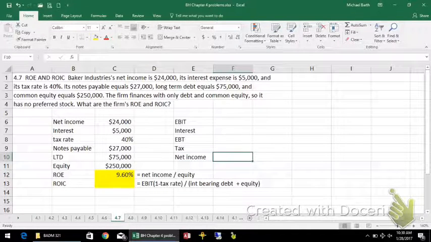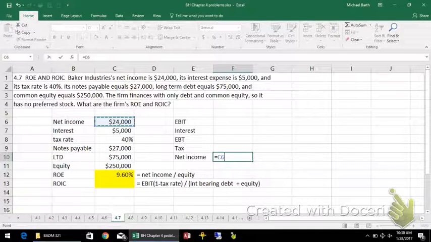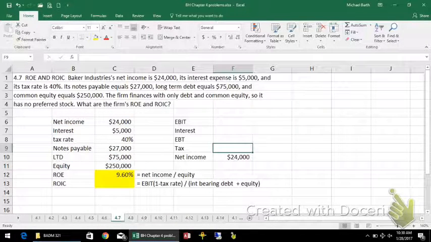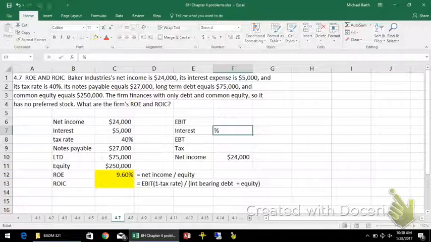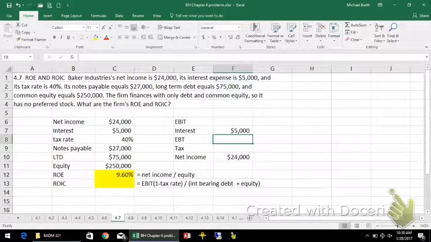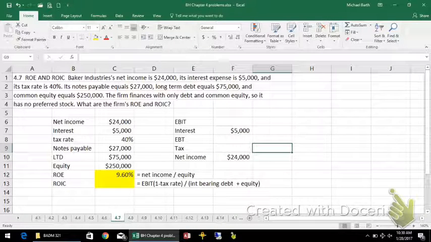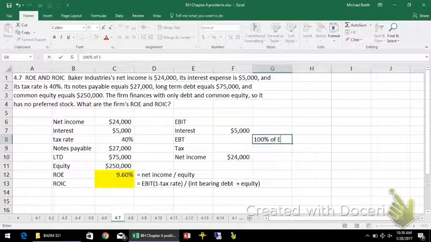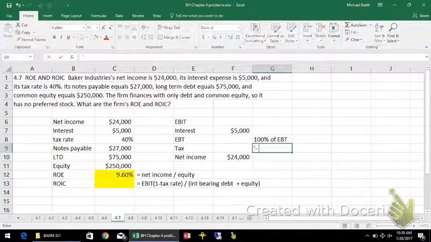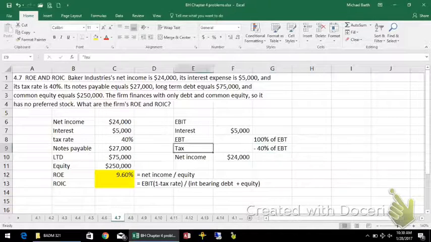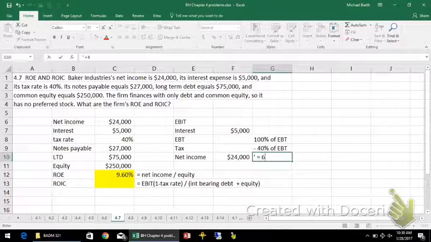Okay, so I know net income is $24,000. I know the interest expense is $5,000. Alright, and I know the tax rate's 40%. So if you take all of taxable income and then you subtract 40% of taxable income based on the tax rate we're given, what's left is 60% of taxable income.